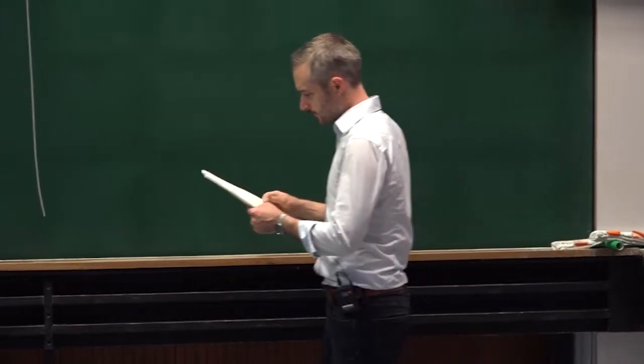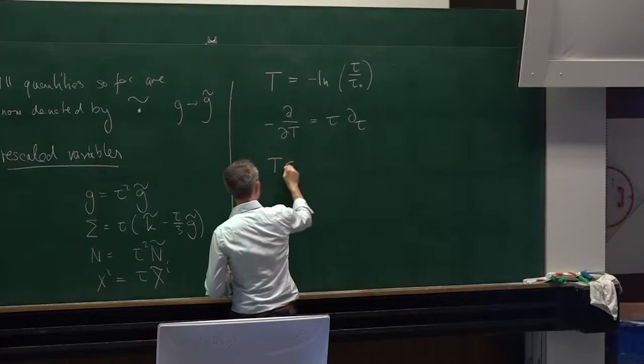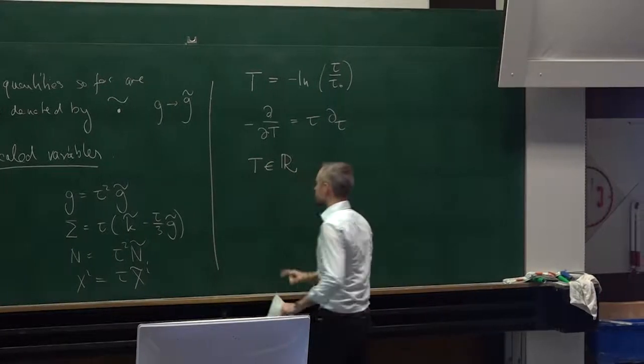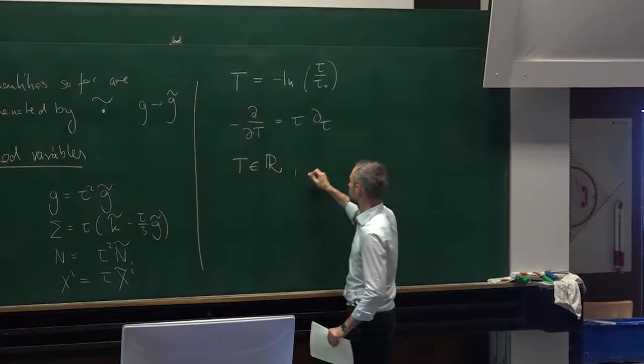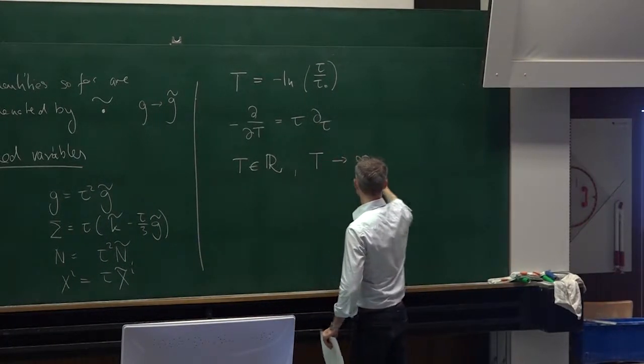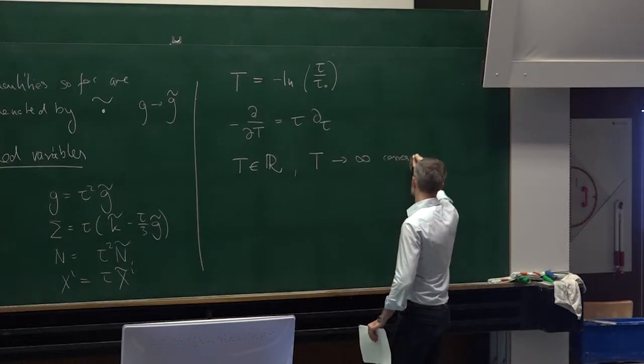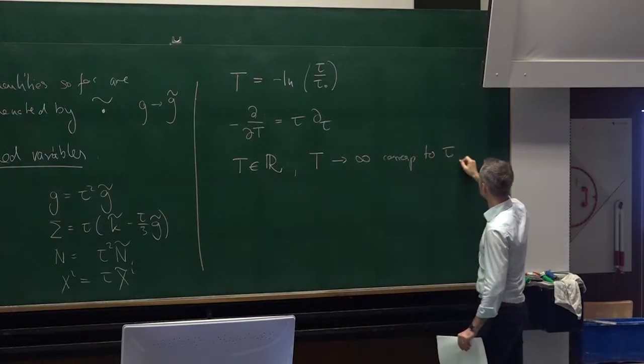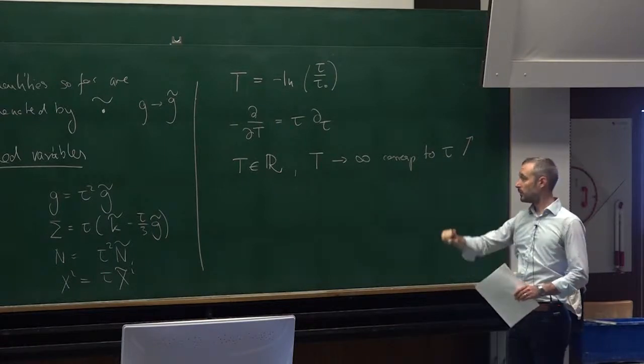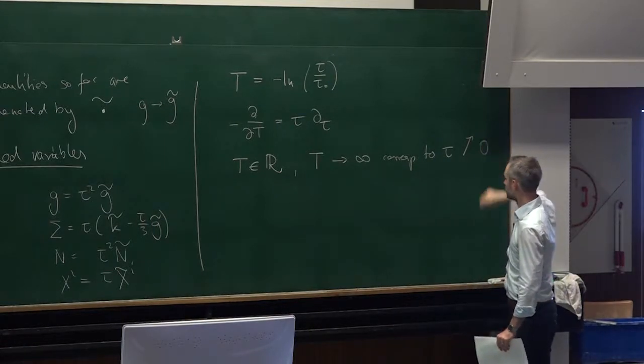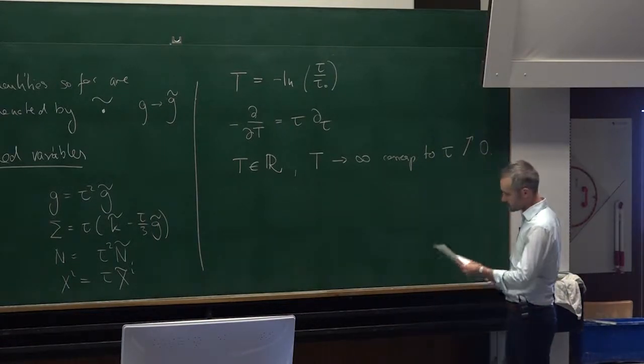So now this time variable is in R, and t to infinity corresponds to tau from below going to 0. So that's precisely the limit that we're interested in.